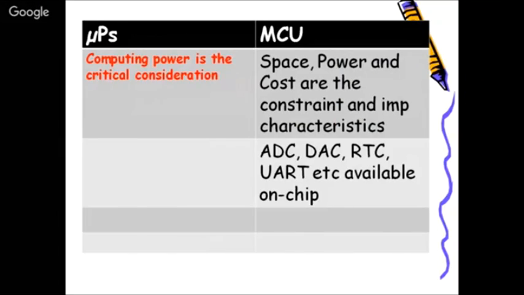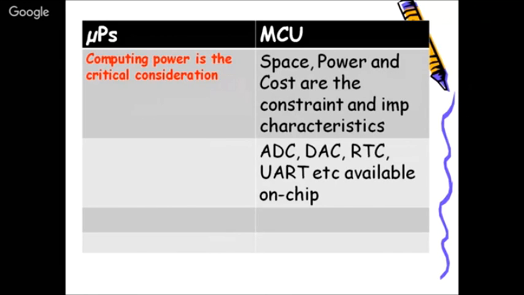Computing power is the critical consideration in case of microprocessor based systems, because with general purpose processors, you can add good computing power. And in case of controllers, space, power, and cost are the constraints and important characteristics. As we were discussing yesterday, microcontroller based embedded systems are actually cost driven, space driven, and power driven, because mostly these are battery operated systems.